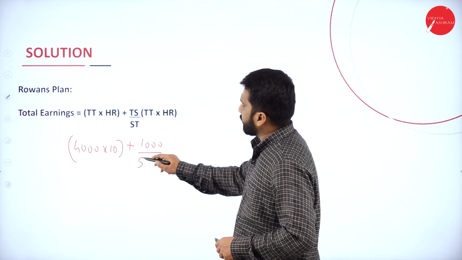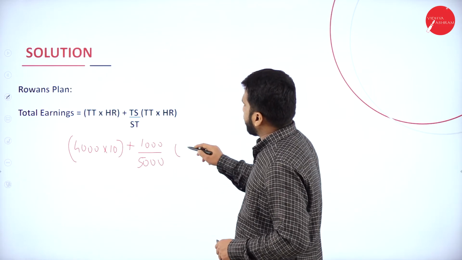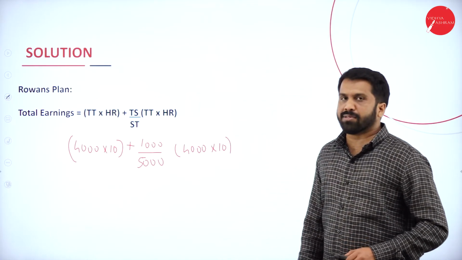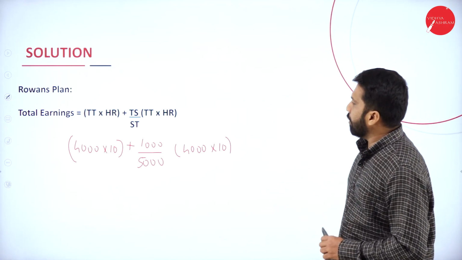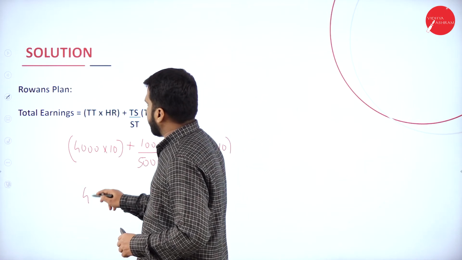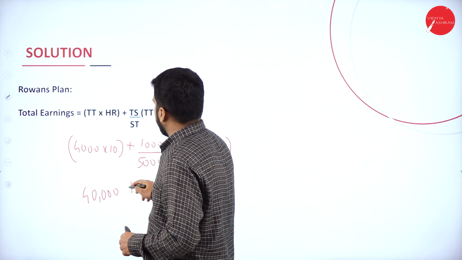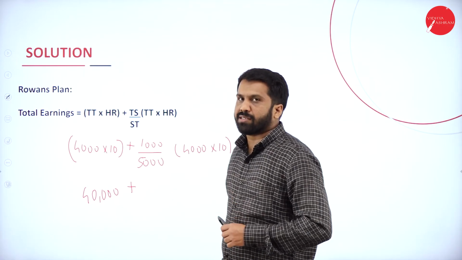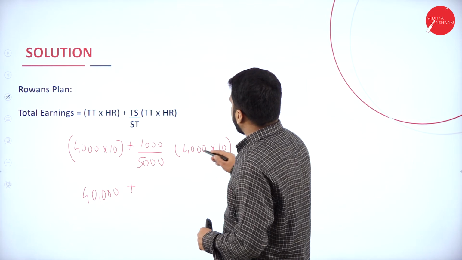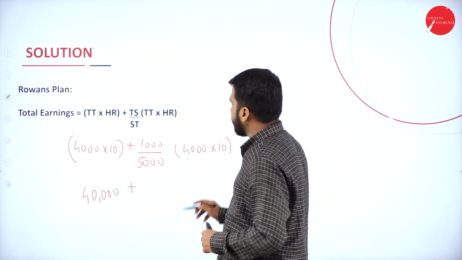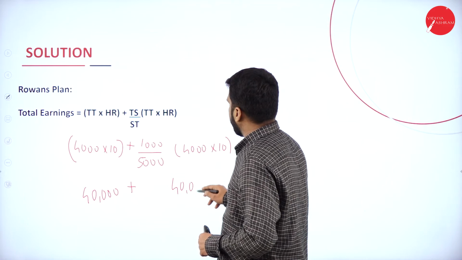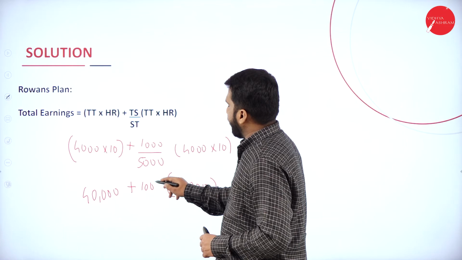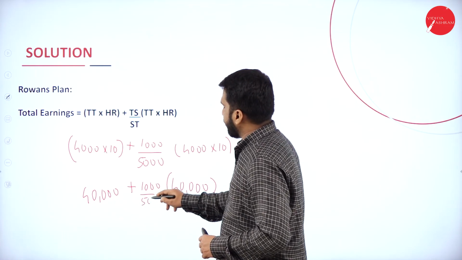So it is 5000. Time taken is 4000. Hourly rate is 10. Any doubt? No. Now 4000 into 10 will be 40,000. Along with this we are supposed to calculate 1000 divided by 5000.